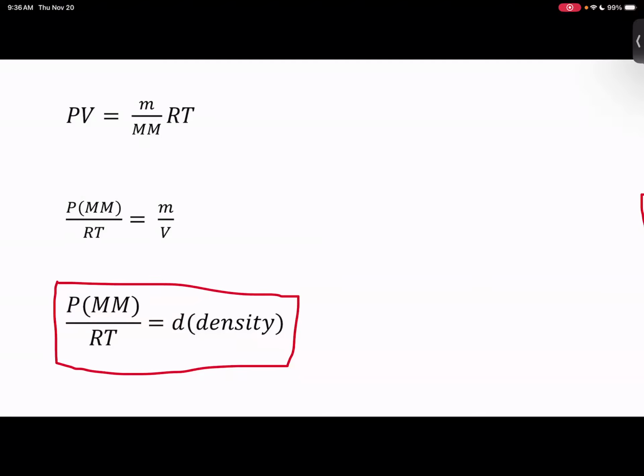So basically, by taking the ideal gas law as our starting quantity, not only are we able to determine P, V, n, and T, like we have been doing, but now we're able to determine the molarity of the gas, the molar mass of the gas, the mass of the gas, and the density of the gas.